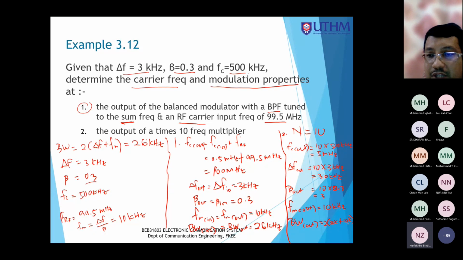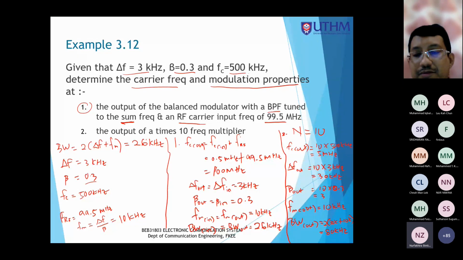So 40K times 2, I get 80 kilohertz, because delta F is already 30 kilohertz and the modulating signal frequency is similar to the input, 10 kilo. So we have 80 kilohertz at the output. Do you have any questions you want to ask regarding this frequency up conversion?